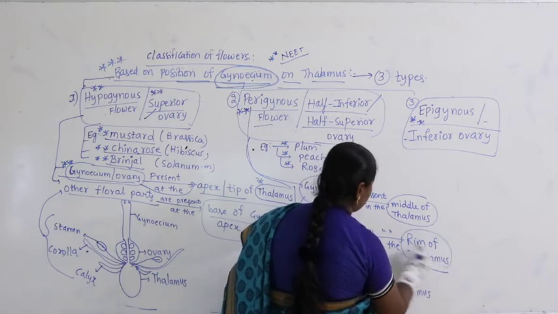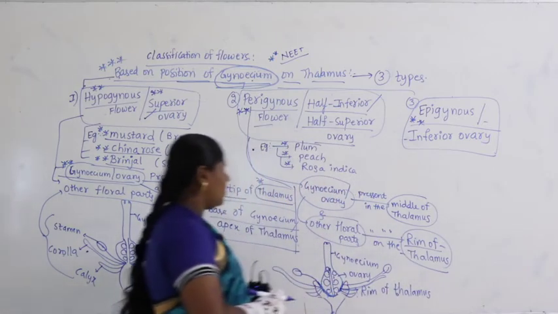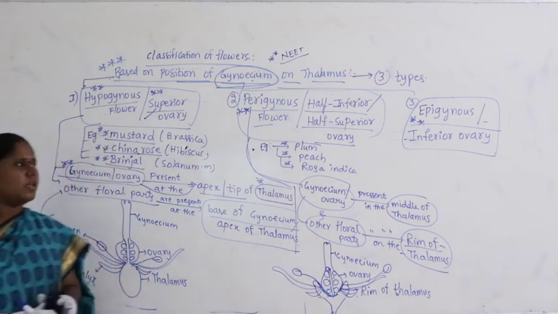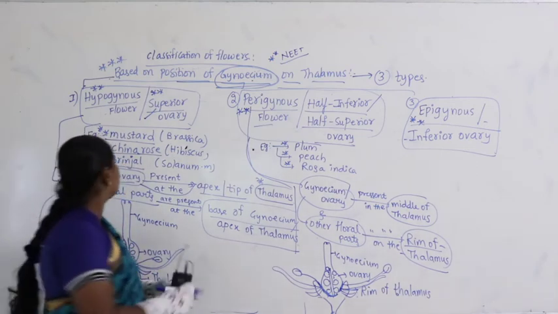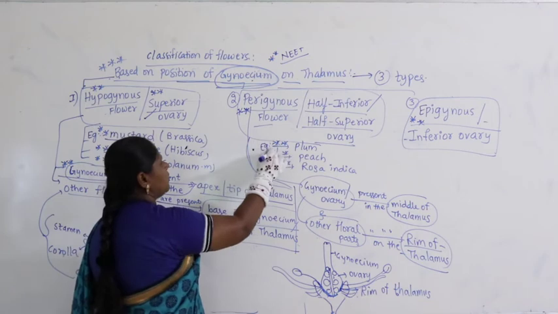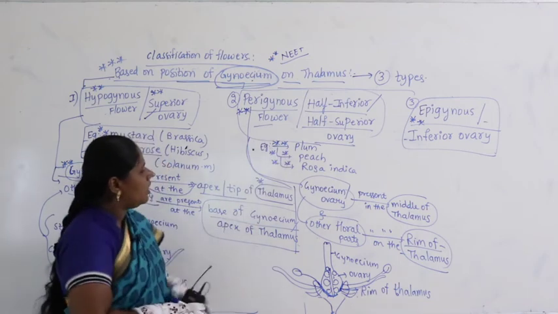Other floral parts are present on the rim of thalamus. What is the meaning of this? Examples are very important, make sure that you keep 2 star marks.